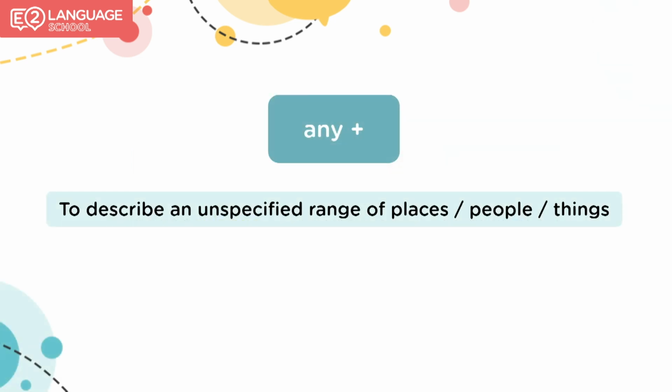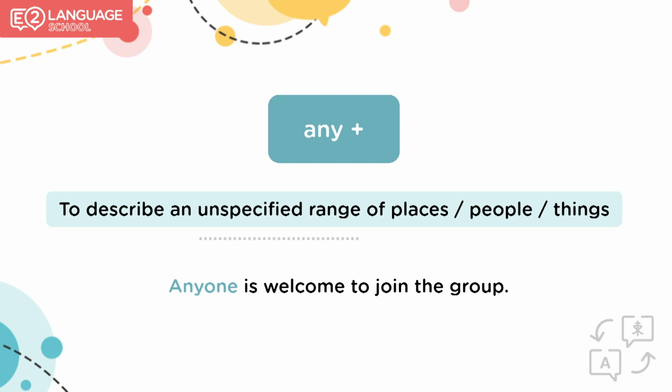Now, our last type, any. We use any to describe an unspecified range of places, people, or things. So again, if you haven't seen this word before, just pause the video and check unspecified and range. So for instance, anyone is welcome to join the group.